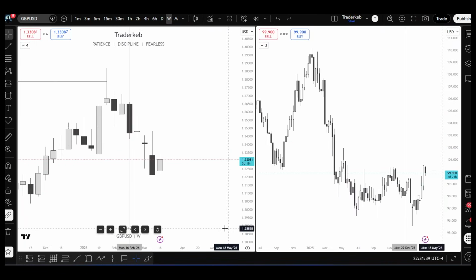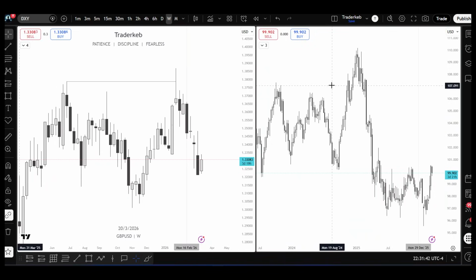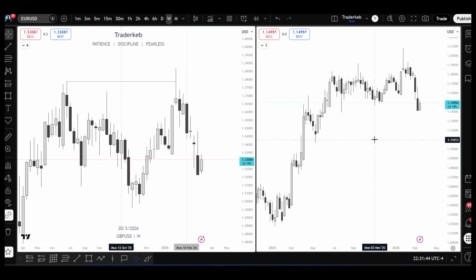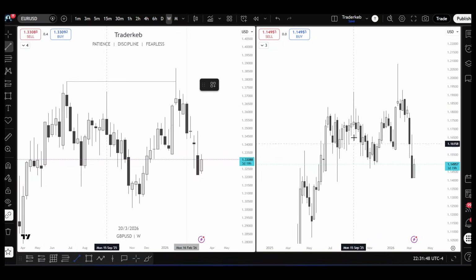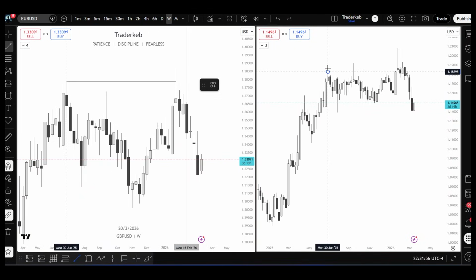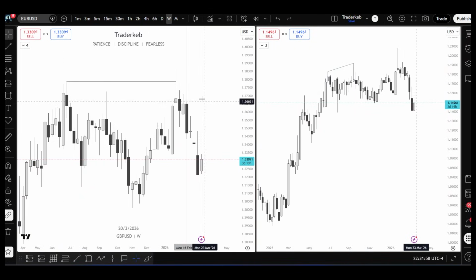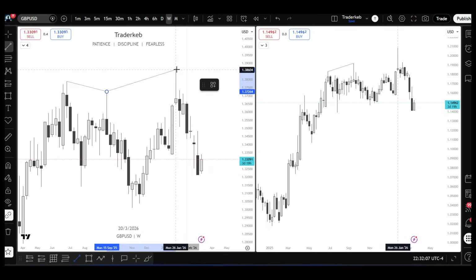Was there any SMT from that high? Where is Euro USD? Okay, it was like an SMT break, I think.